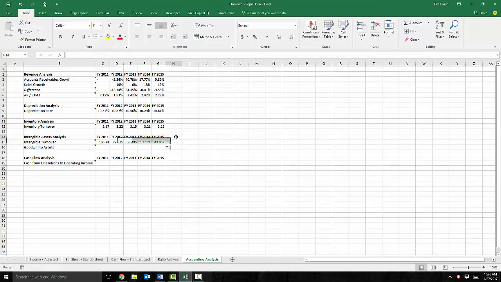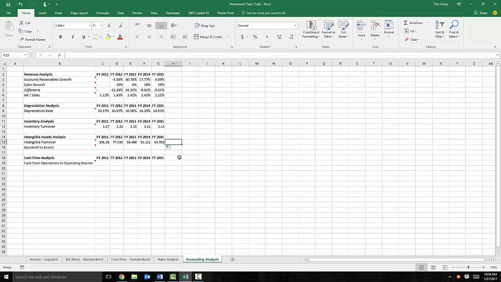Drag it to the right. Here we do see a quite significant decrease over time in intangible turnover. It basically means that they're becoming less efficient at using their intangible assets to generate revenues. When this happens, it might imply that some of their intangible assets need to be impaired, in other words written down in value, because they're not as valuable anymore since they can't give us the same amount of sales that they used to.